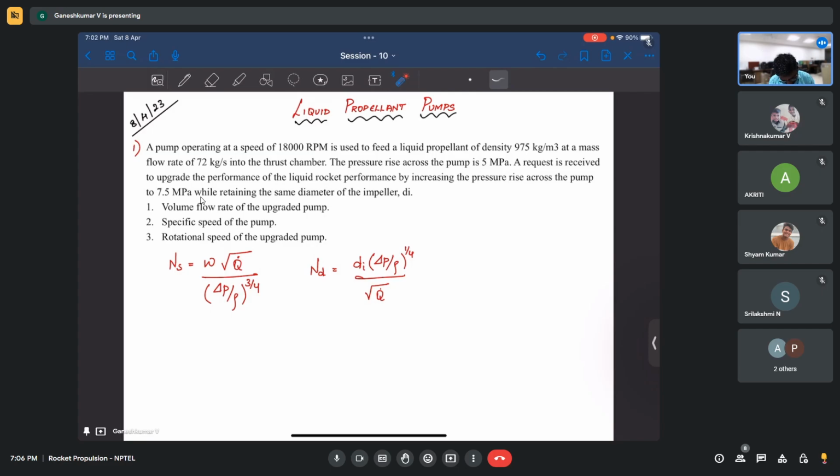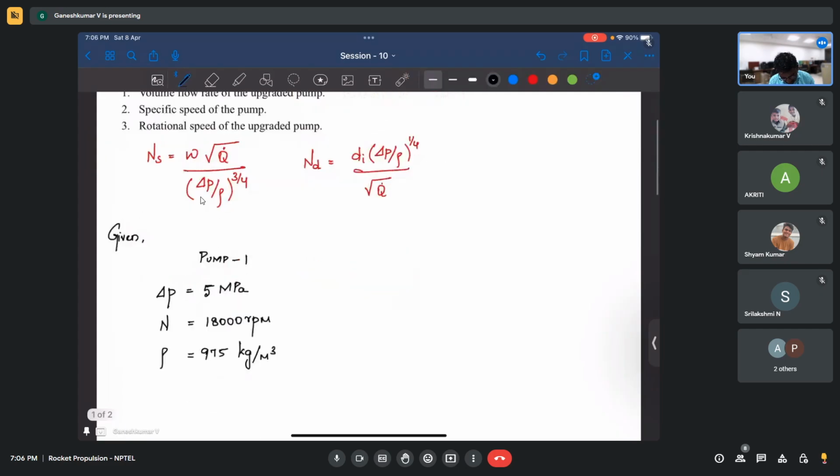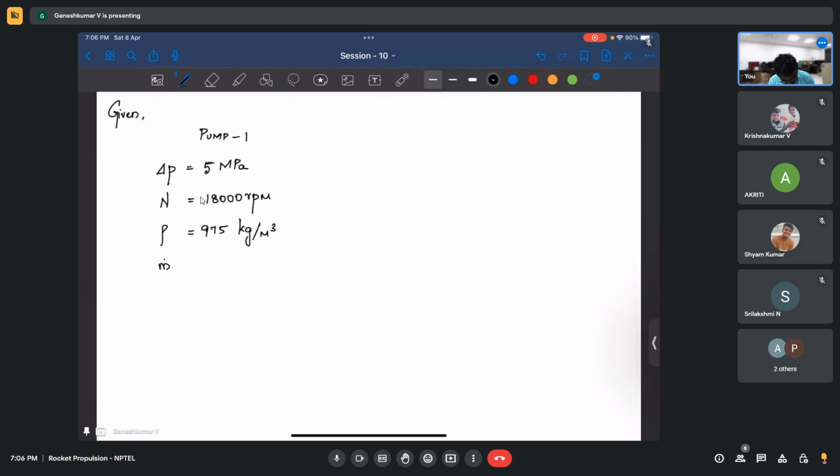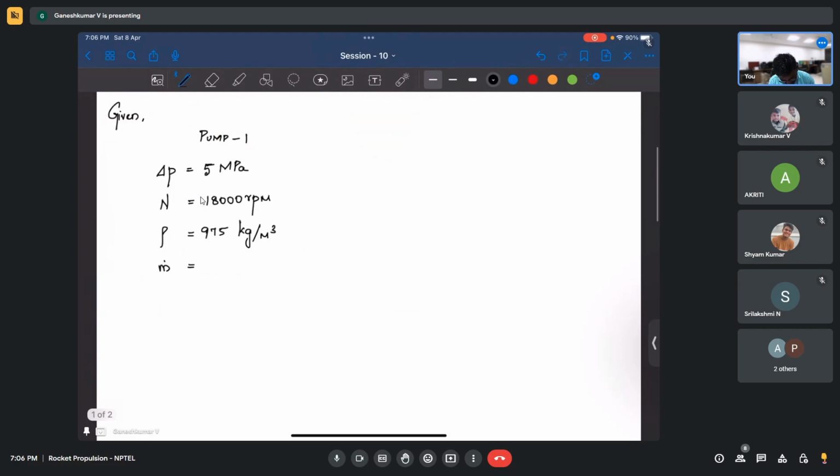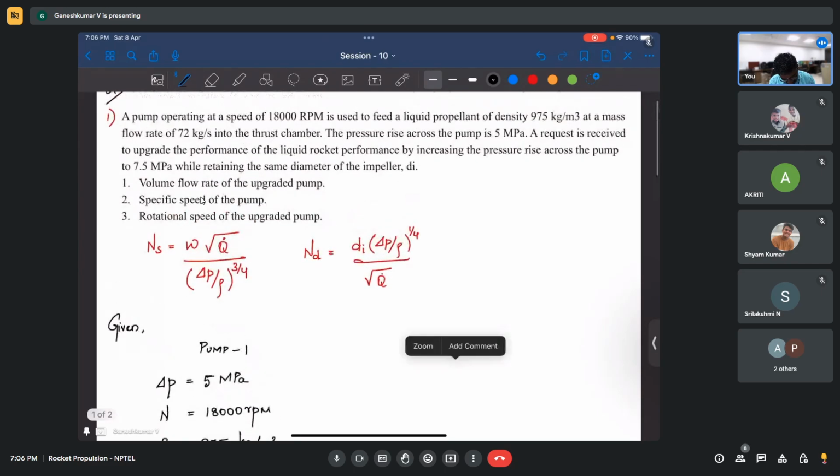Okay, and the propellant density is not going to change, so it is going to be the same even if you upgrade it. And the mass flow rate is going to be 72 kg per second. Okay. What else is there?